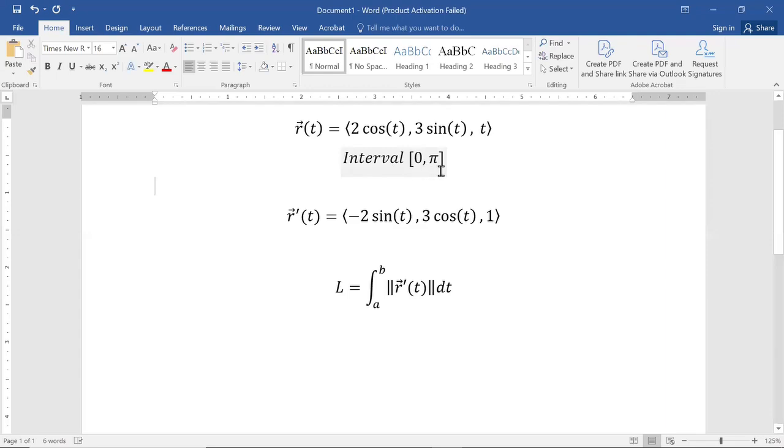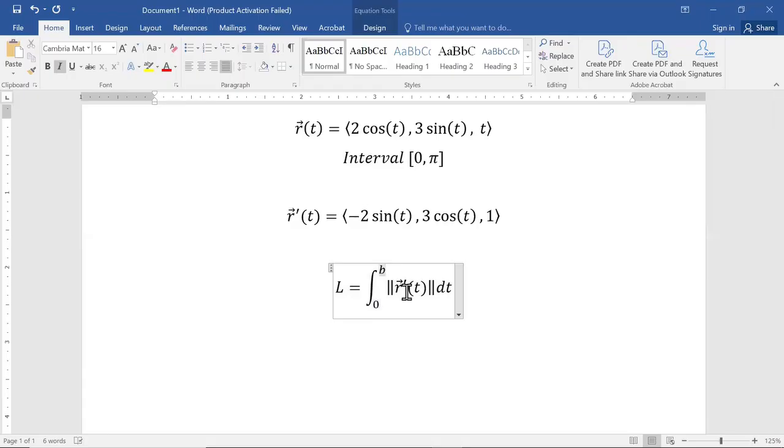This 0 to pi means that t goes from a t value of 0 to a t value of pi. So we're going to be integrating from 0 to pi. I'm going to leave that as a and b right now.